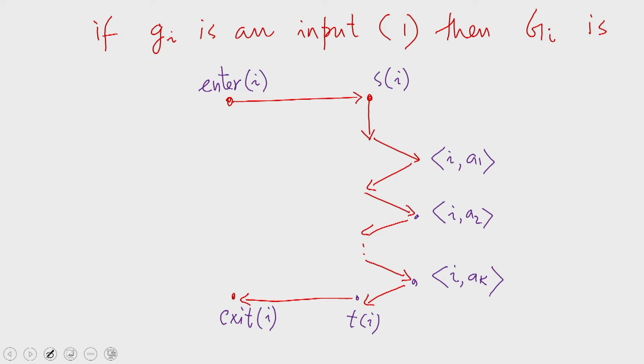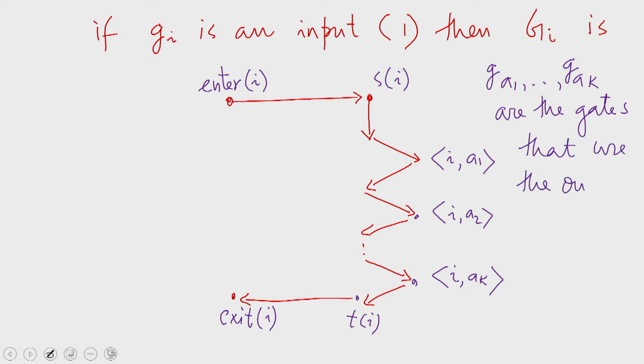Here we assume that A1 through Ak are the indices of these gates, GA1 through GAk, the gates that use the output of Gi as an input.